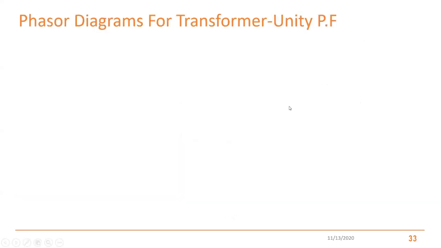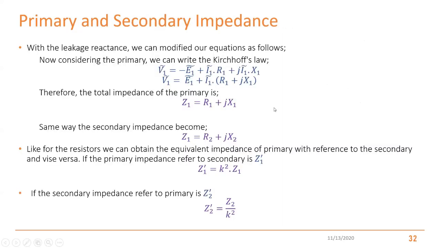Okay, so now again, earlier we omitted the internal resistance and the leakage fluxes. Now you have to construct the phasor diagram with the inclusion of those.